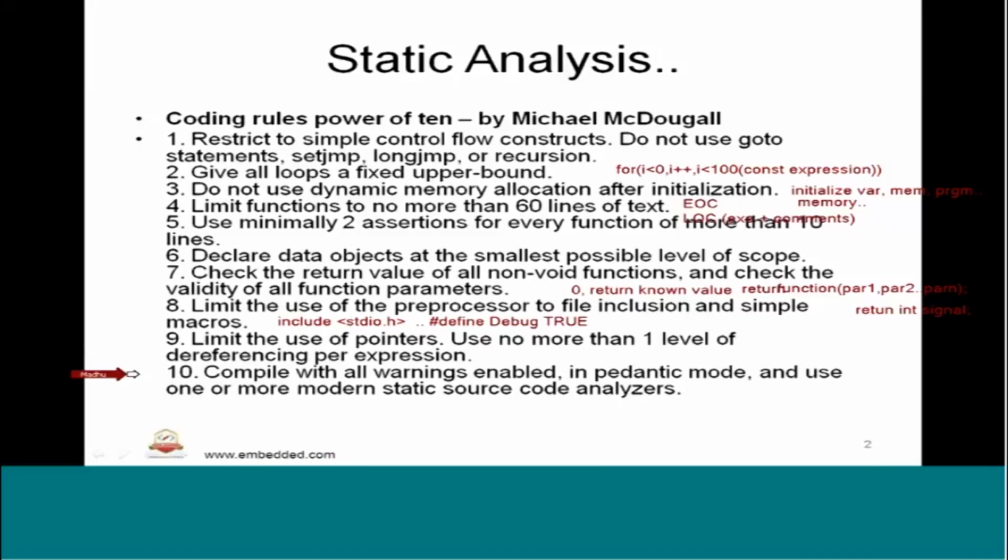So limit it. The last one is: compile with all warnings enabled in pedantic mode and use one or more modern static source code analyzers. We have studied source code analyzers, like Understand for C++ or Polyspace or anything.